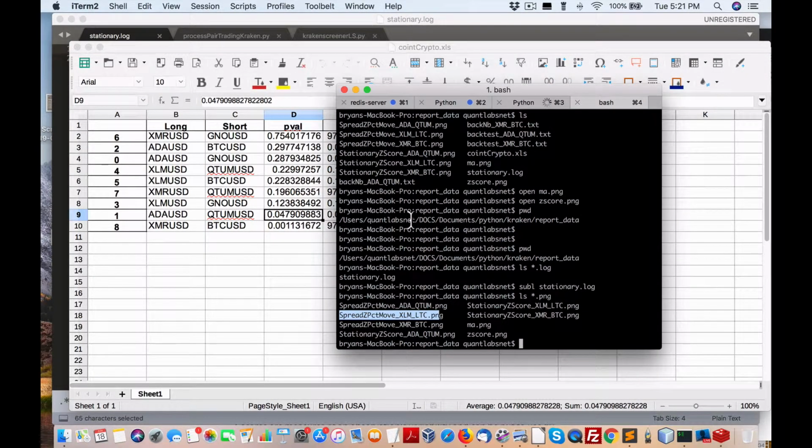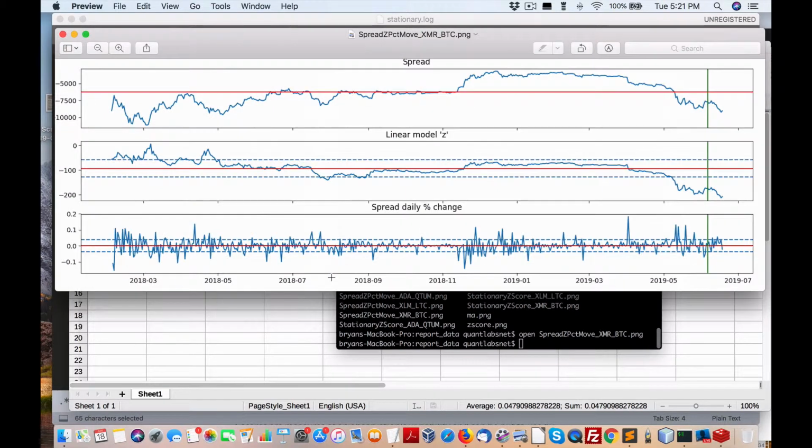Just as an example, we can look at the spread, the spread between the prices of XMR, which is Monero, and BTC, which obviously is Bitcoin. So let's check out that chart.